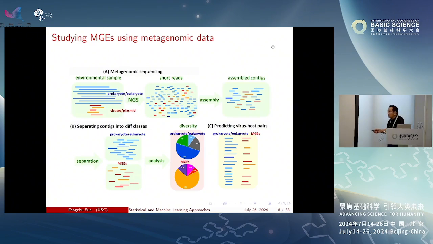Those short read are about 200 to 400 base pair long. So we don't know where they are from, and so we don't know their characteristic. All we know are the ACGT of those base pairs, and those are the data we have.